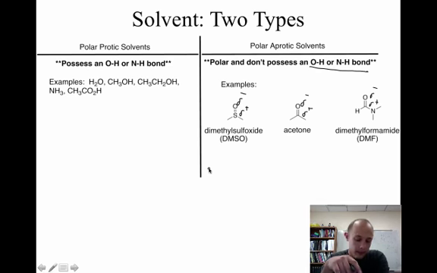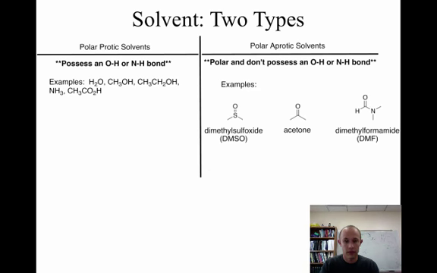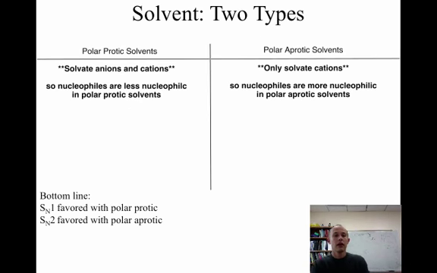So if I'm trying to carry out a substitution reaction, then these solvents will solvate my reagents differently. For example, let's consider a polar protic solvent.